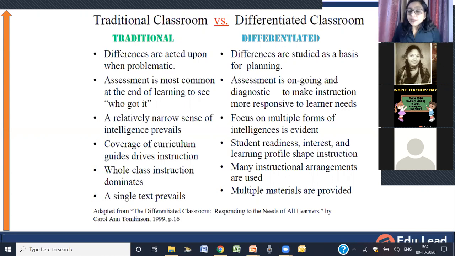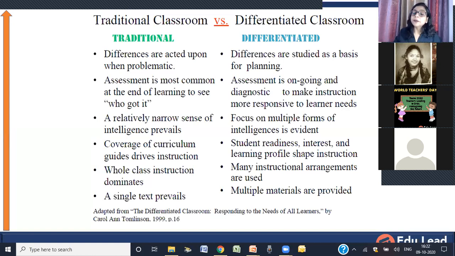This is very important for us to understand: how do a traditional classroom and a differentiated classroom look, and what is the thought process of the teacher? So the important thing here is I should know my students. I should know what kind of diversity exists. I should know how these children are intelligent. I should know what kind of assessments I should put inside my lesson so that I come to know whether the children have understood or not, where each child is, and so that I can drive my instruction accordingly.